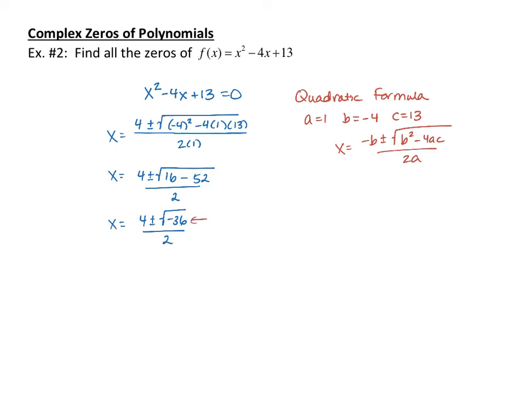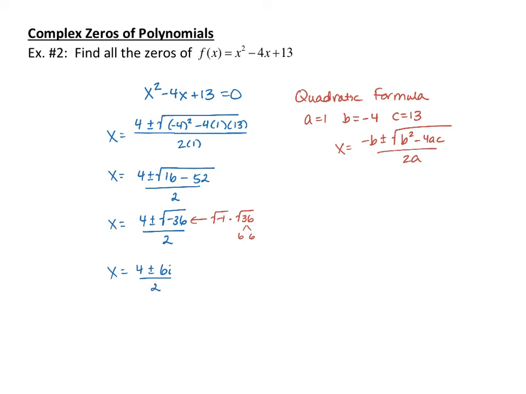So thinking about the square root of negative 36, think of this as the square root of negative 1 times the square root of 36. And we know that 36 is 6 times 6, so the square root of 36 is just 6. So this simplifies to 4 plus or minus 6i all over 2.